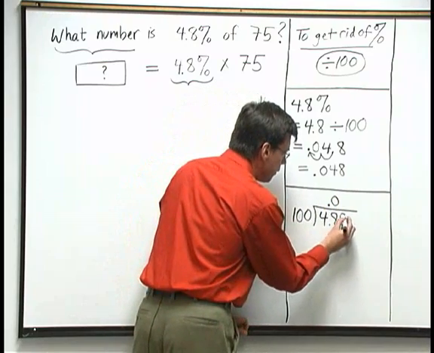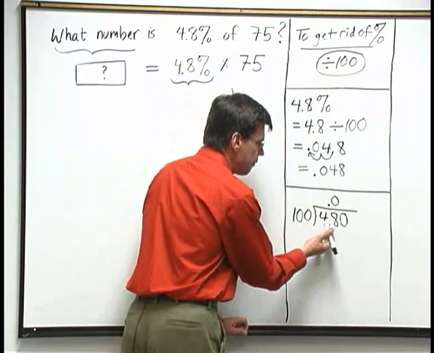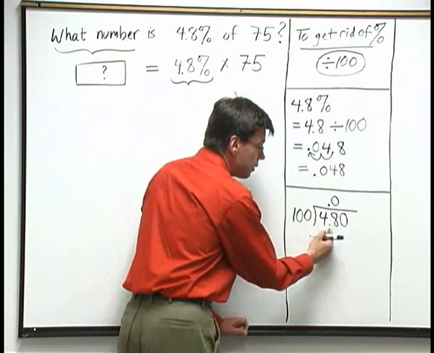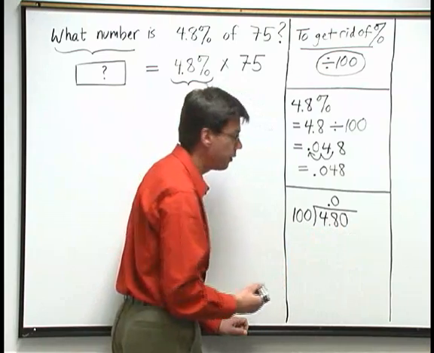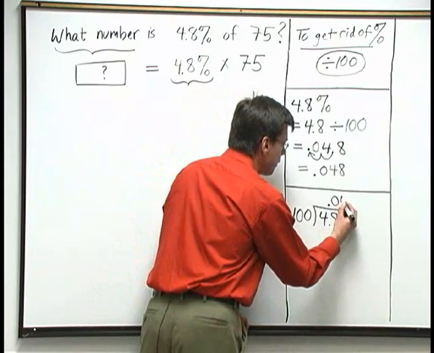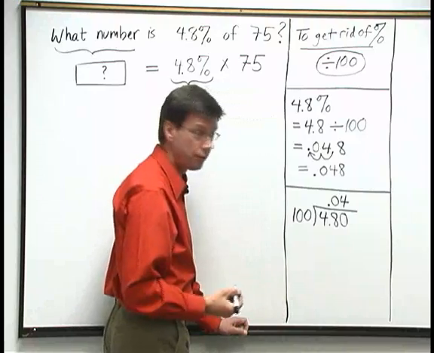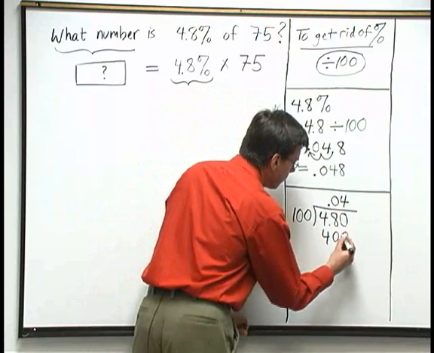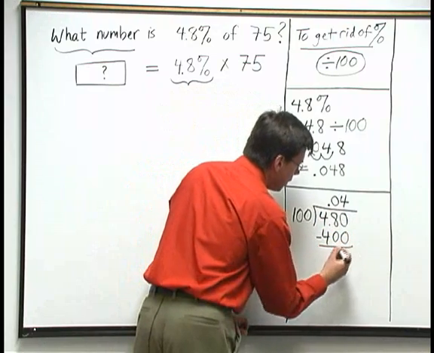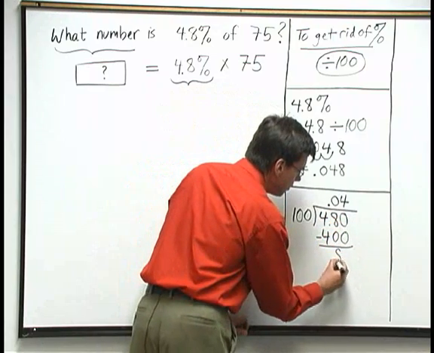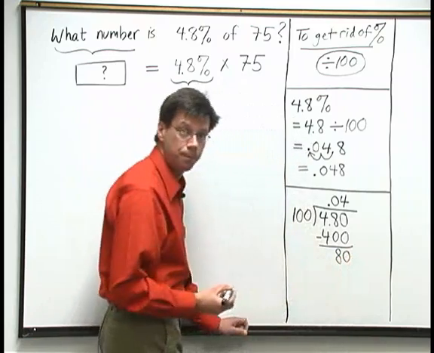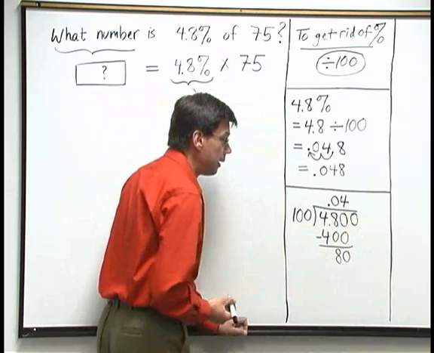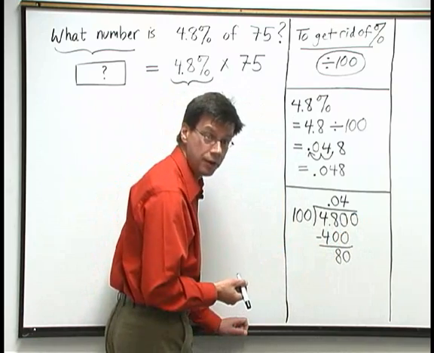I can add a 0 on the right of 4.8, 4.80, and think about 100 now going into 480. 100 goes in 4 times. Write 4 up above. 4 times 100 is 400. And subtract. 480 minus 400 is 80. I can now add another 0 on the right of my number inside the long division box.